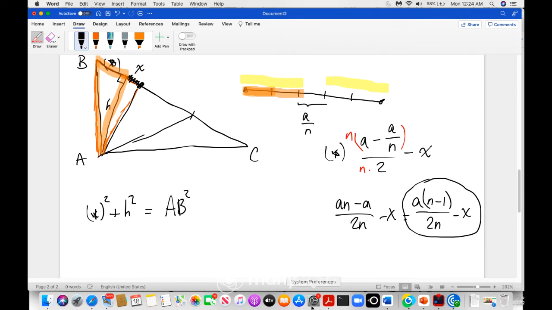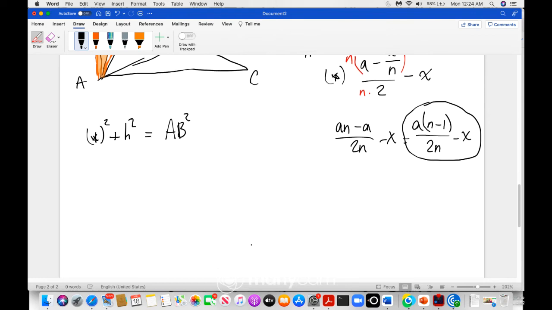You might be saying, well, Alex, you're crazy because you don't know AB and you also don't know this star. But we don't have to know AB. We're actually going to relate that to another right triangle in just a second. So don't worry about that. But I'm going to plug in the value of star just so we have it. Okay, so this is actually (A(n minus 1) all over 2n minus x) quantity squared plus h squared, equals AB squared.